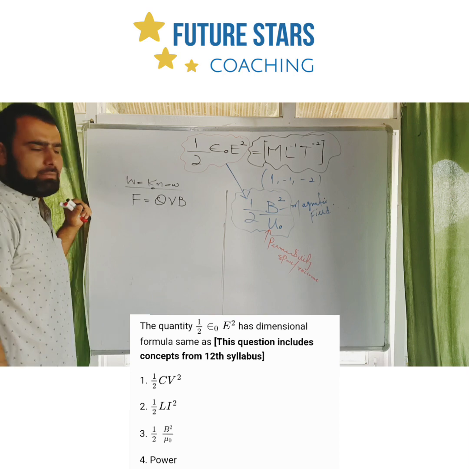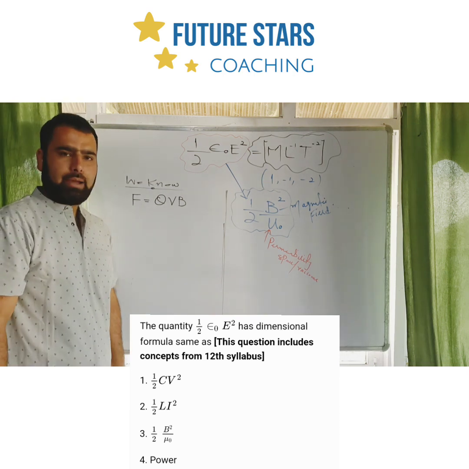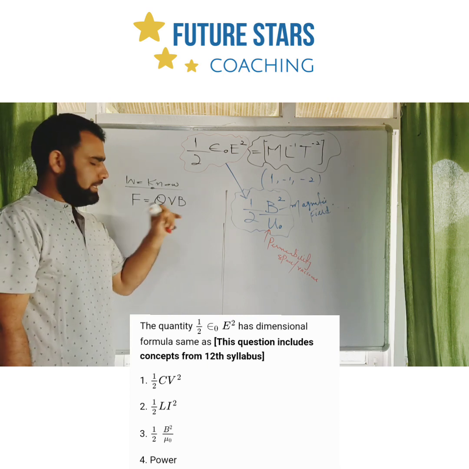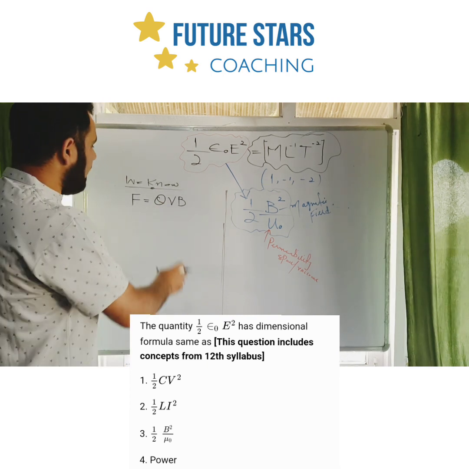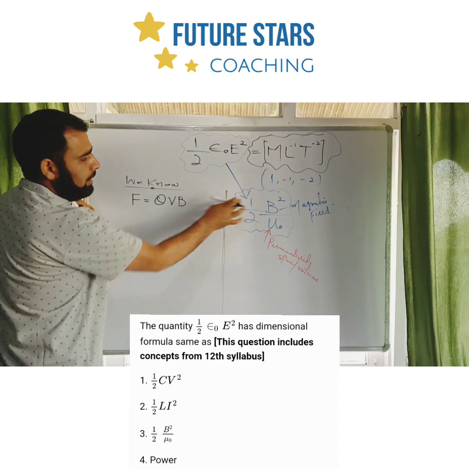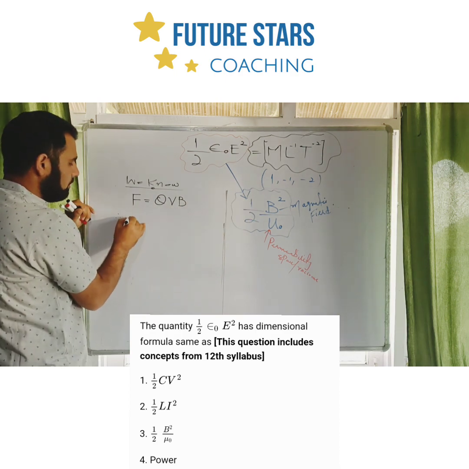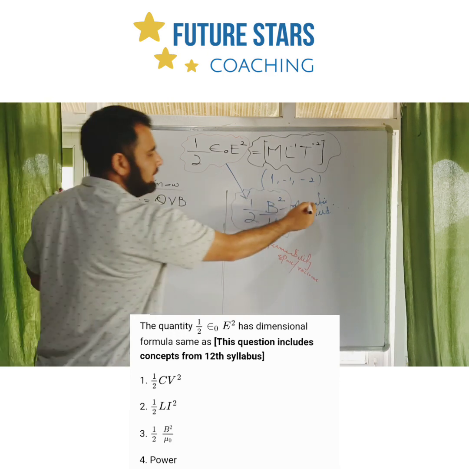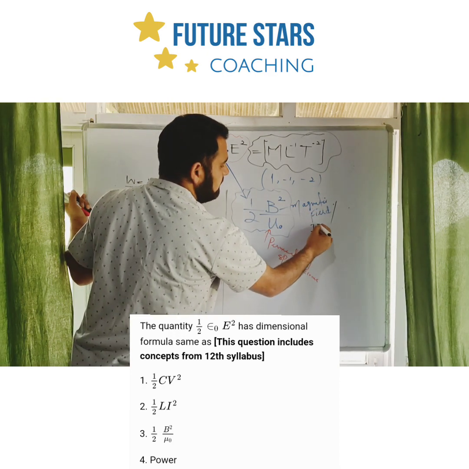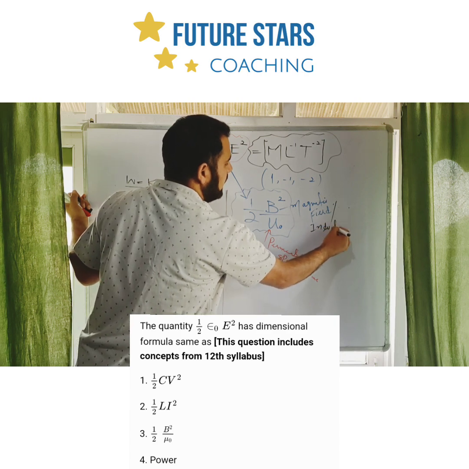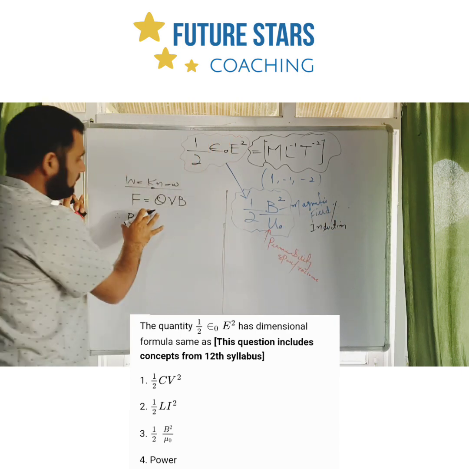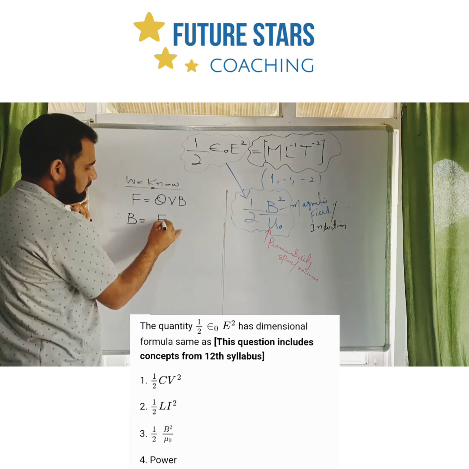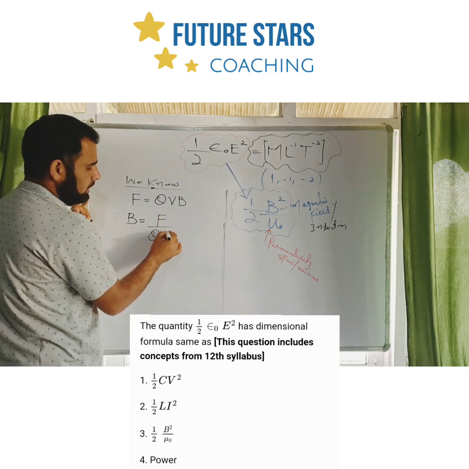So this is the maximum force experienced by a moving charge inside a magnetic field, QVB. From here we can calculate the dimensional formula of the magnetic field. So B, or simply you can call it magnetic field induction as well, has its dimensional formula equal to F divided by QV.